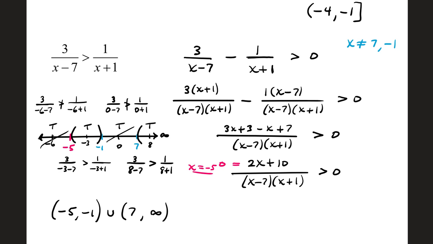And since the solutions to this problem are numbers in the interval from negative 5 to negative 1, also numbers greater than 7, we unite those two intervals with a union symbol to show that these two intervals of numbers unite for the solution set to that inequality.